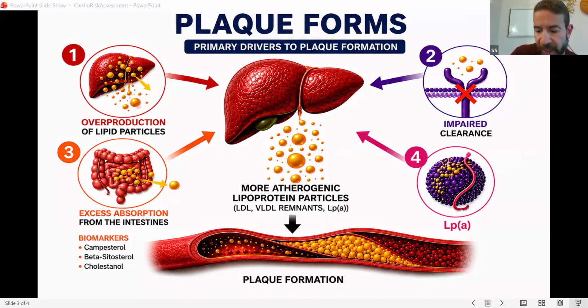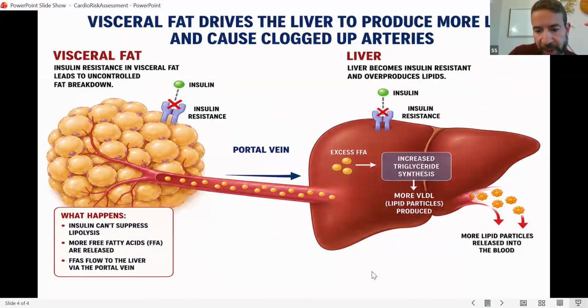So we go to the next slide now, and this is important here. What I'm showing you here is visceral fat in the midsection, okay? And visceral fat in the midsection of the body has a special relationship with the liver. Visceral fat is the fat surrounding organs.